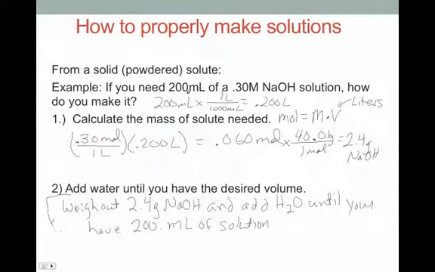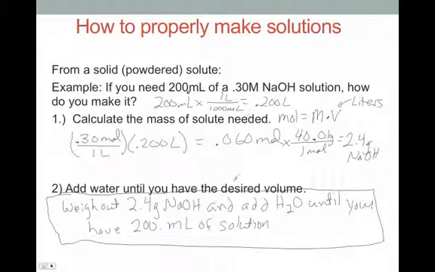And this is actually the answer to the question that was asked of how do you make that solution?